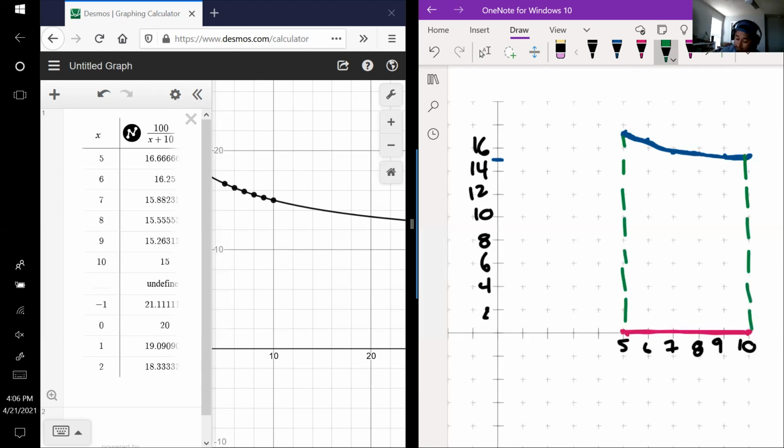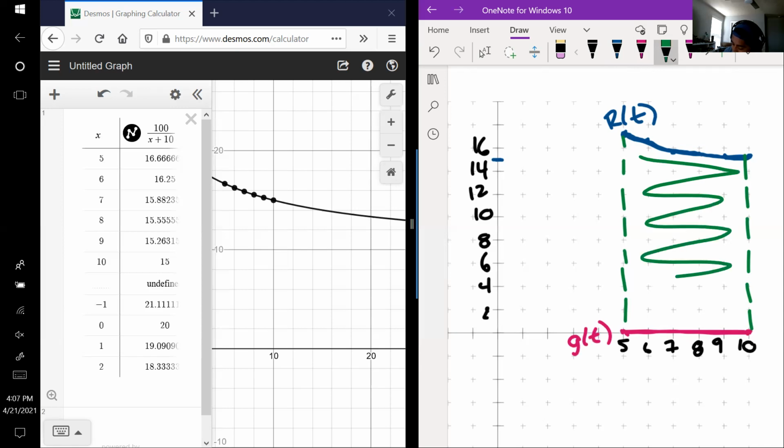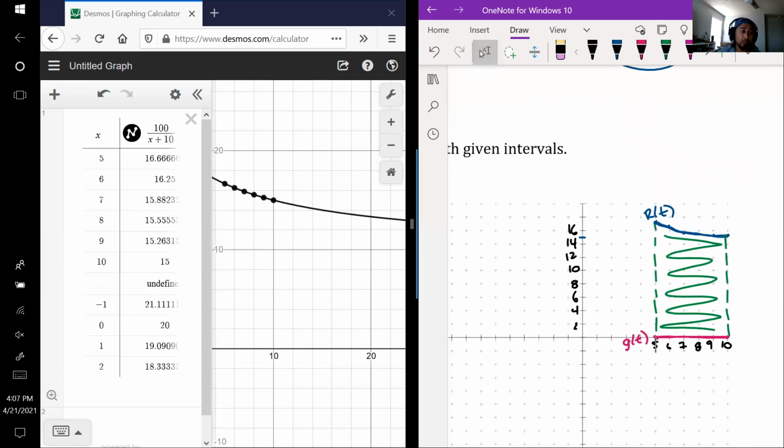Okay, so here is r of t, and here's y equals 0. But we can even call it g of t if we wanted. And again, we are finding the area between these two functions. So now we see that r of t is above g of t, and that means we're going to be a case 1.